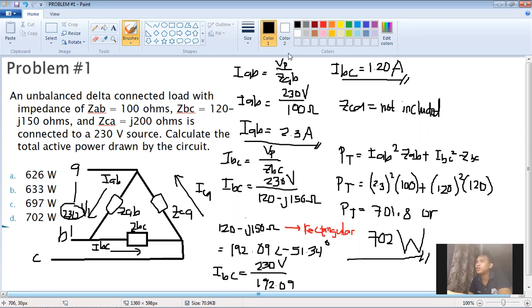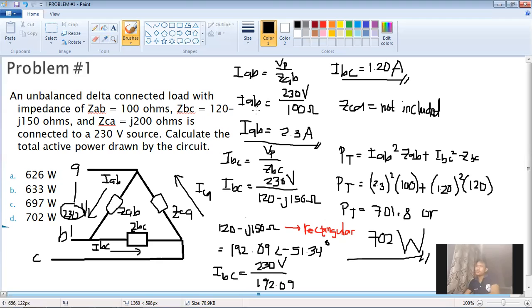IAB is equal to VP over ZAB. The source voltage is 230 volts over 100 ohms, so IAB is 2.3 amperes.